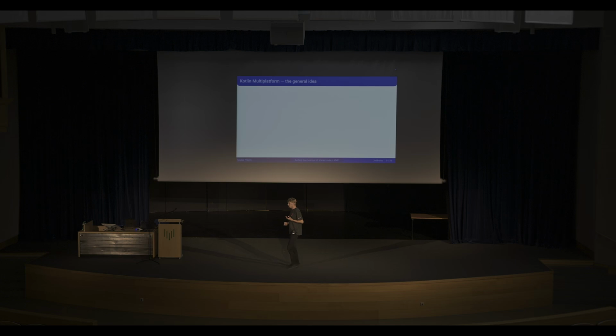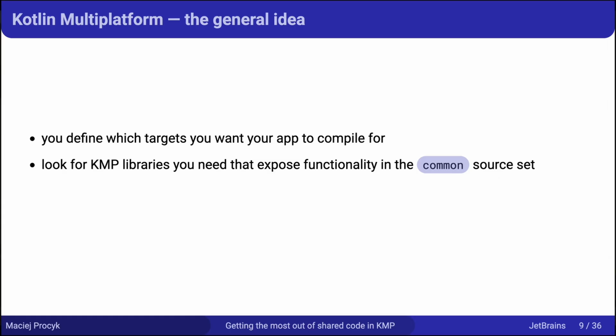The general idea of Kotlin Multiplatform is that you start with the targets that you want to support, and you declare them, and then you try to implement as much as you can of your logic in the common source set, which is kind of a place for your Kotlin files, where you will define the shared part of the logic.